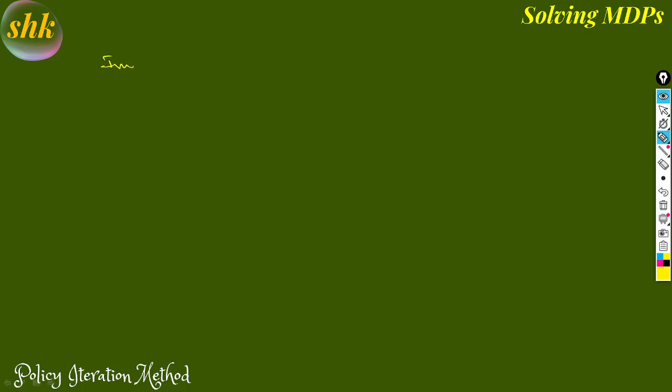So implementation of the policy evaluation, that I'll write as PE. Implementation can be done in two ways. In the first method, we use two arrays.